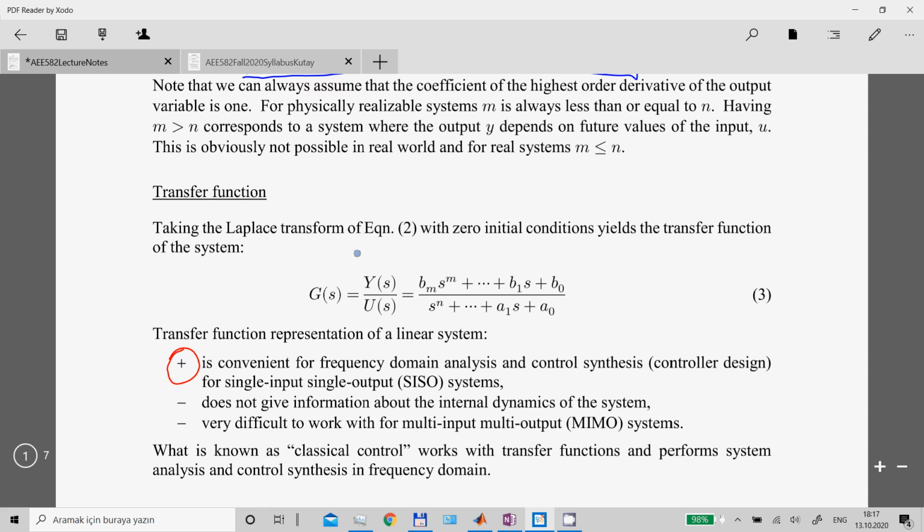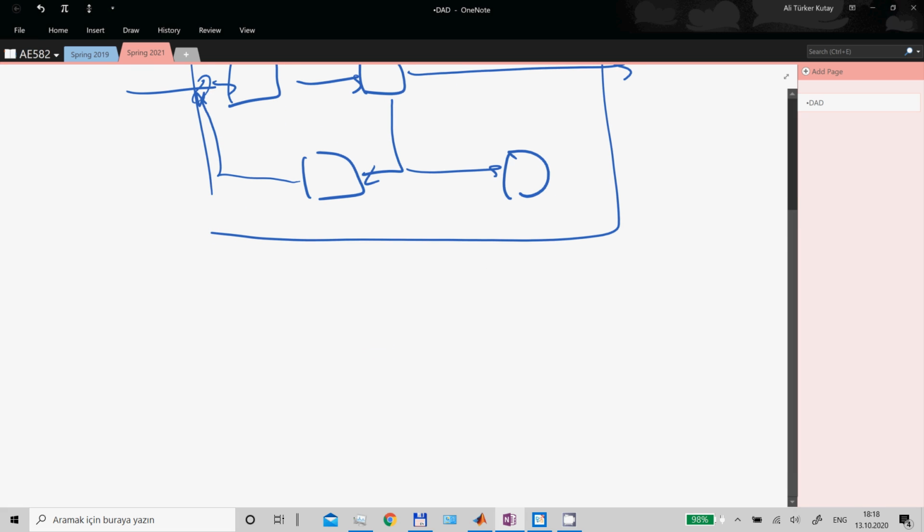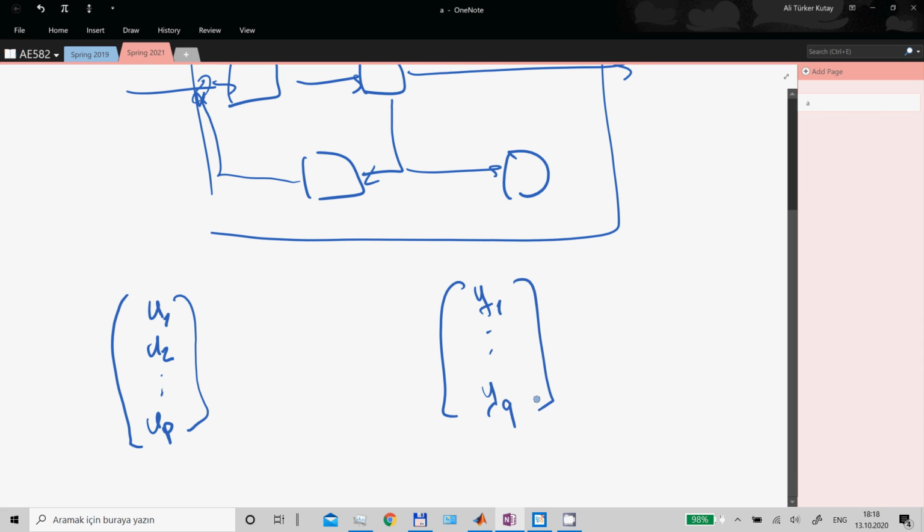Another disadvantage of using a transfer function is that it's very difficult to work with multi-input, multi-output systems. If your input is a vector signal with multiple inputs, U1, U2, up to UP, let's say, and you have a vector output Y1 through YQ, the transfer function actually becomes a matrix.